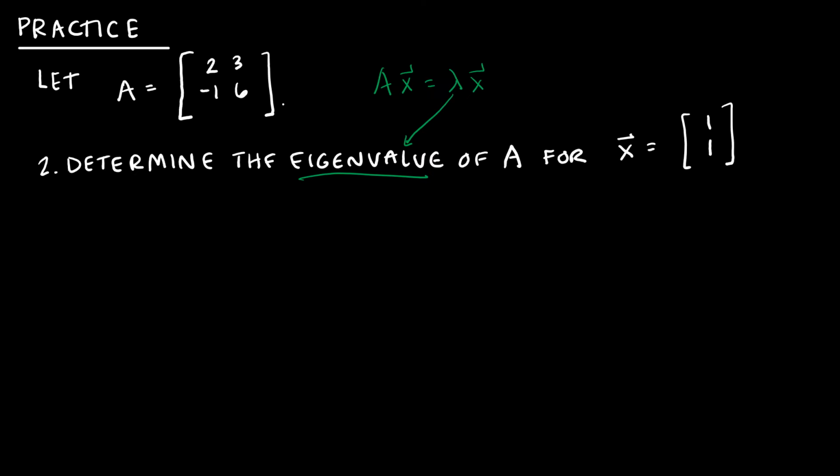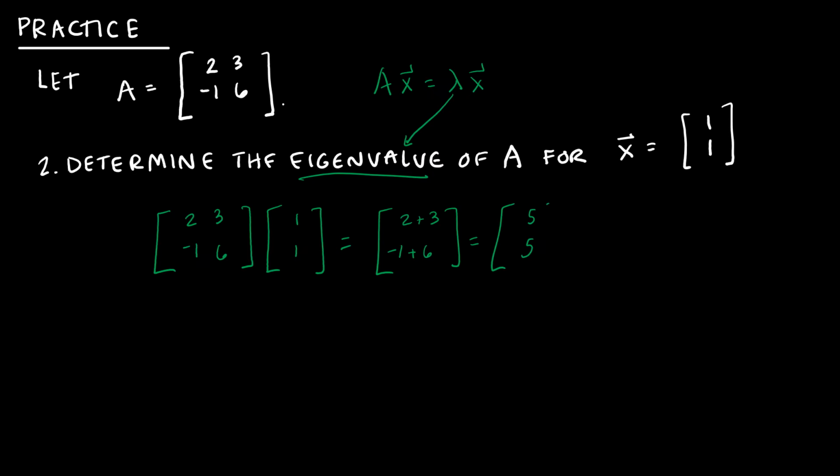So all I'm going to do is exactly what I did on the last question. I take A and multiply it by x, which gives me 2 plus 1... that is, 2 plus 3 and negative 1 plus 6, and that gives me (5, 5). Just like last time, I ask, are we able to write that as some scalar times vector x?